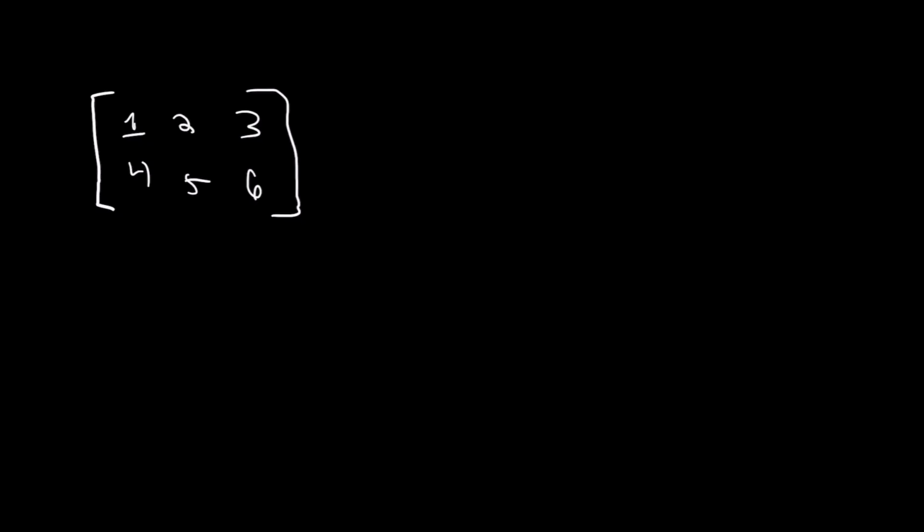Okay, this is our last matrix for today, and thankfully we don't even have to find the determinant of this one, and I'll explain why. This one is a 2 by 3 matrix. When you're dealing with any matrix that isn't square, it needs to be like a 2 by 2, 3 by 3, 4 by 4.